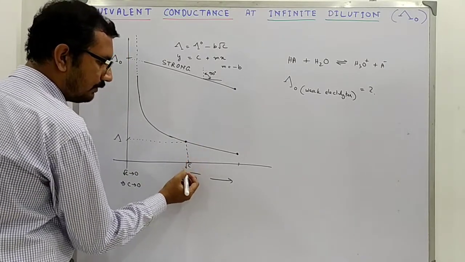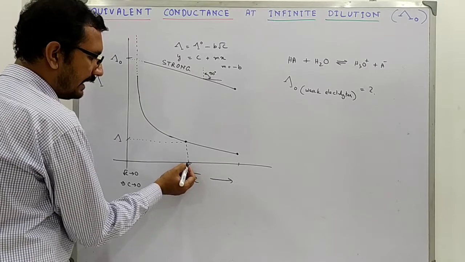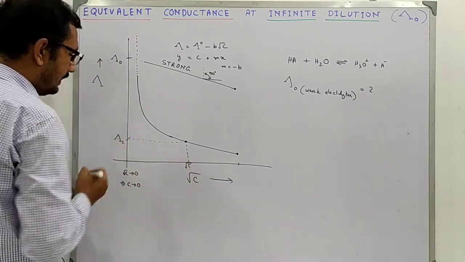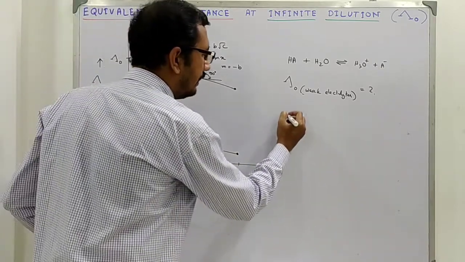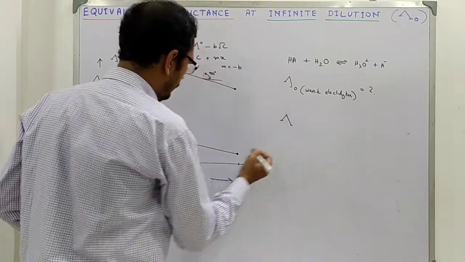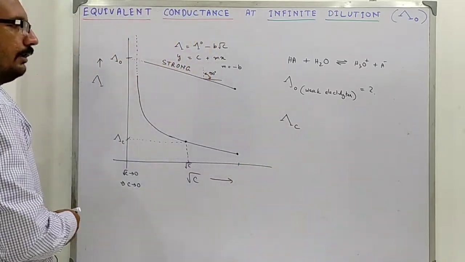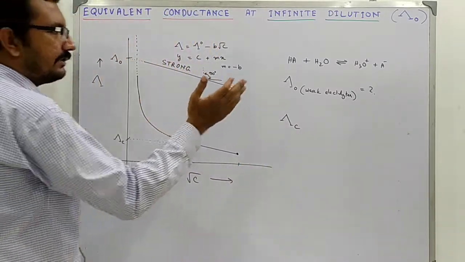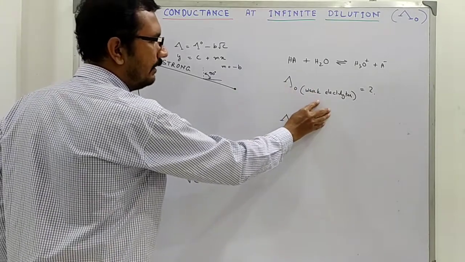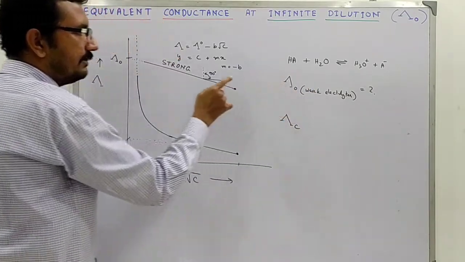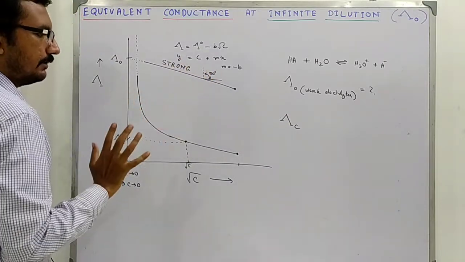Obviously, this is root C, so we can get the value of C from this root C value. So, this is lambda C. So, we get the equivalent conductance of this weak electrolyte at a particular concentration C. Now, using the technique that will be described in the next lecture, we will have the value of the equivalent conductance at infinite dilution for the weak electrolytes.